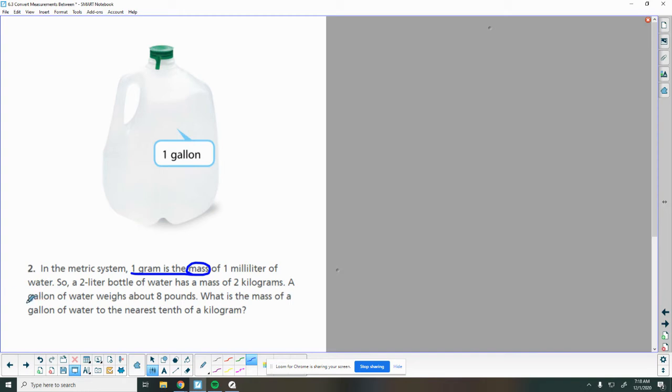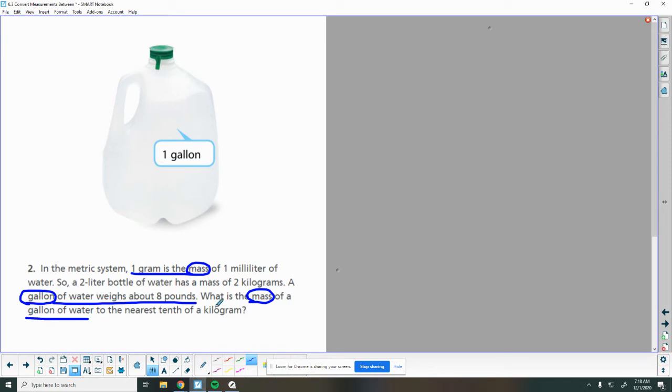Everything just works nicely together. So a gallon, now we're talking about gallons though. So that's what we use here in America. So a gallon of water weighs about 8 pounds. So if you pick up your gallon of milk, it's going to weigh about 8 pounds. What is the mass? So we're talking about what is the weight of a gallon of water.